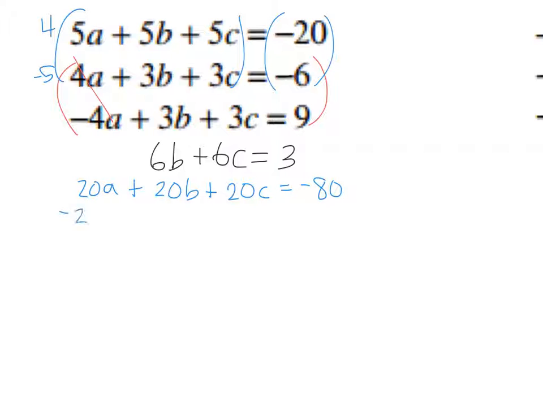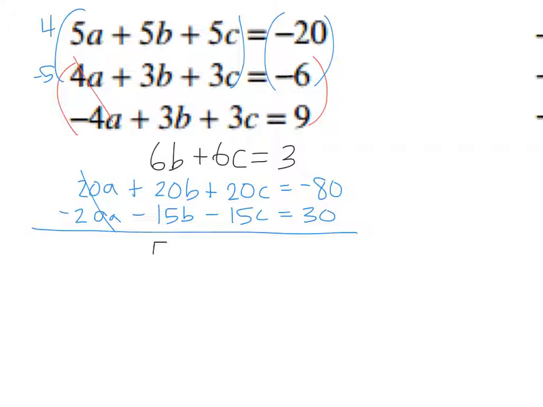Then I'm going to have negative 20a minus 15b minus 15c equals 30. So now I'm going to add these two together, and I'm going to be left with 5b's plus 5c's equals negative 50.